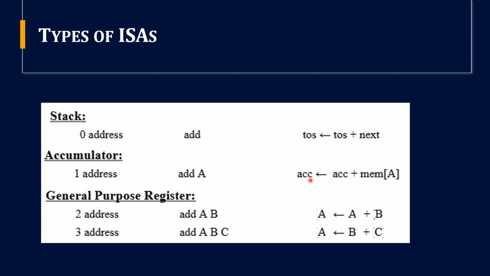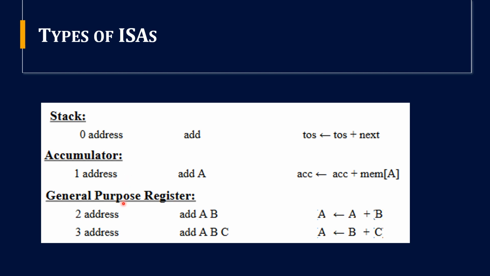ACC stands for the accumulator. So the memory operand A is added with the content of the accumulator and the result is stored in the accumulator register. Here only one operand is explicitly specified. So only one address is specified, and so it is a one address instruction.